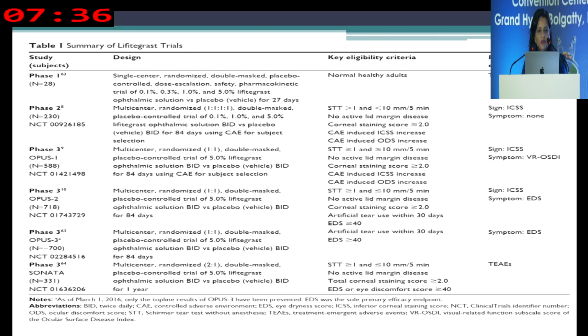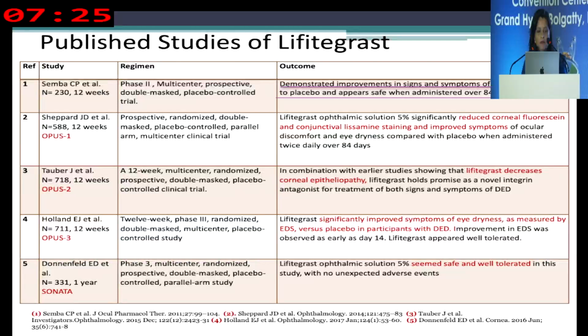And this is the summary of the Liftegrast trials. Phase 1, Phase 2, Phase 3 studies have already been done, and they are by the name of the OPUS trials. And if you look at the studies which are published in literature, then Liftegrast in its multicentric trial also has shown improvement in the signs and symptoms of the dry eye.